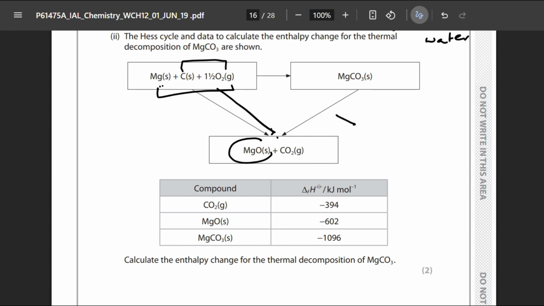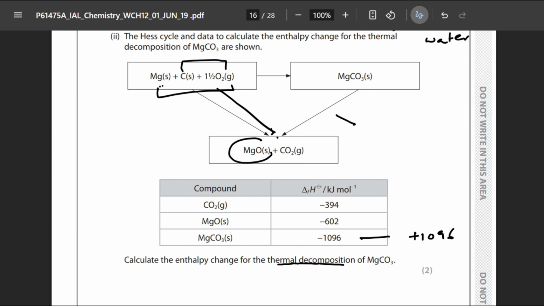So basically, here there is a formation of magnesium oxide and carbon dioxide from magnesium, carbon, and oxygen, and the decomposition of magnesium carbonate into magnesium oxide and carbon dioxide. The values given here are all enthalpy changes of formation, and we need the enthalpy change of decomposition. So when we use this value, the sign will become positive.